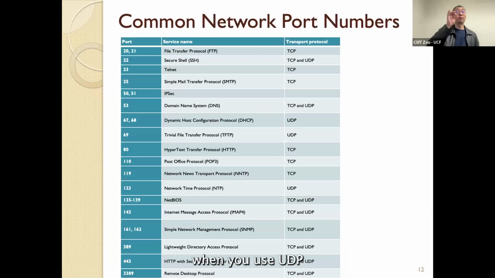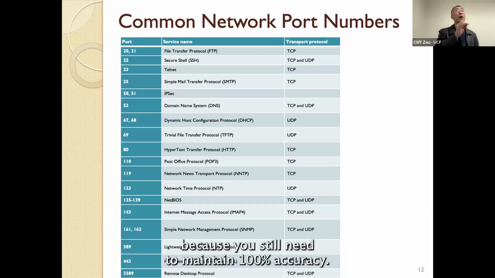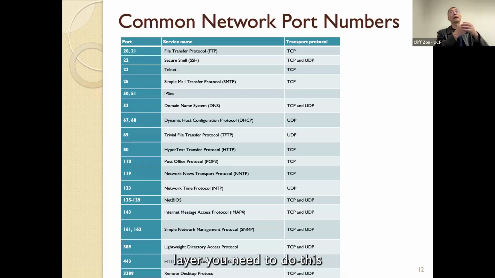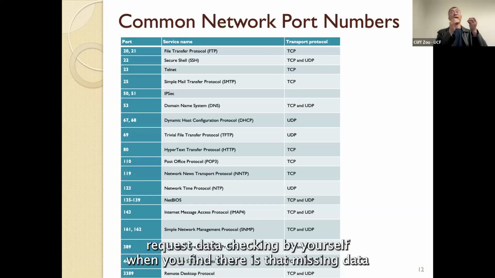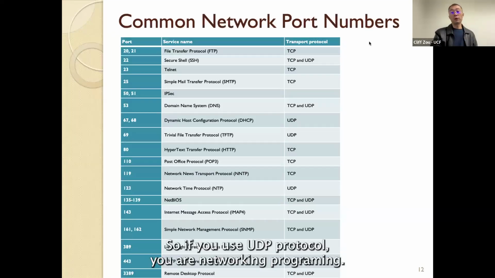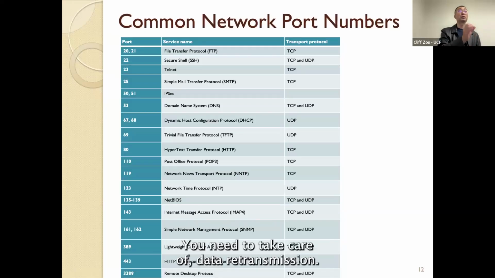When you use UDP, because you still need to maintain 100% accuracy, that means in your networking software, your programming on the application layer, you need to do the data retransmission request and data checking by yourself. When you find there is missing data, you need to request the other end to resend the data. So if you use the UDP protocol, in your networking programming you need to take care of data retransmission.